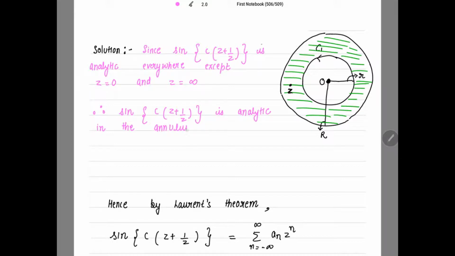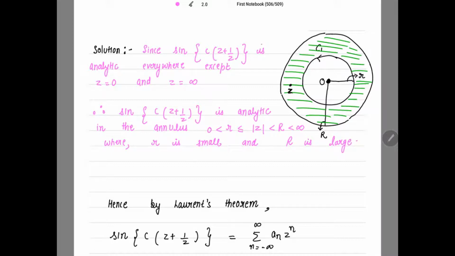I am writing that this is analytic in the annulus which I have drawn: r is less than mod z less than R, where r is greater than 0 and capital R is less than infinity, where r is small and capital R is large.